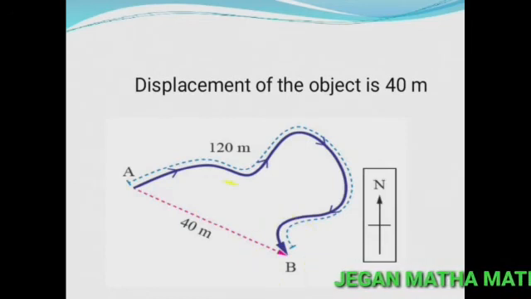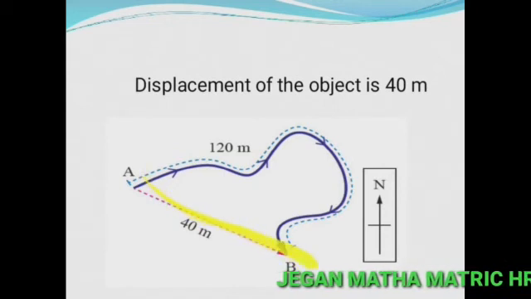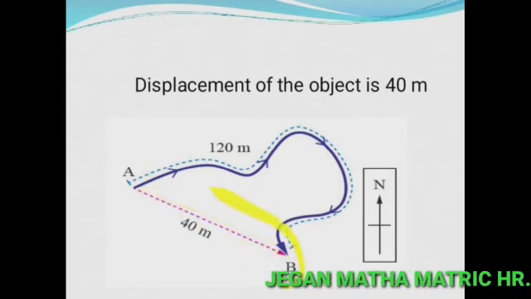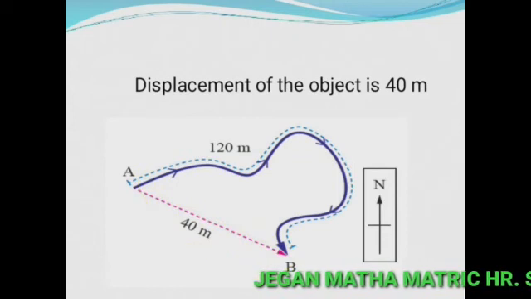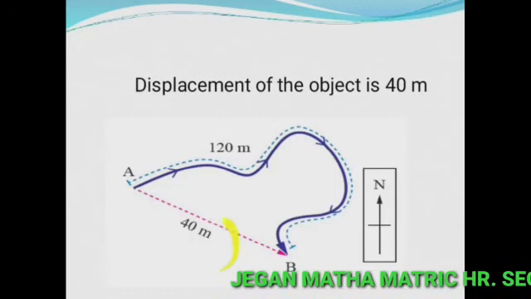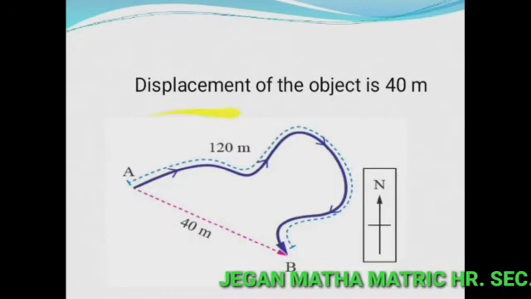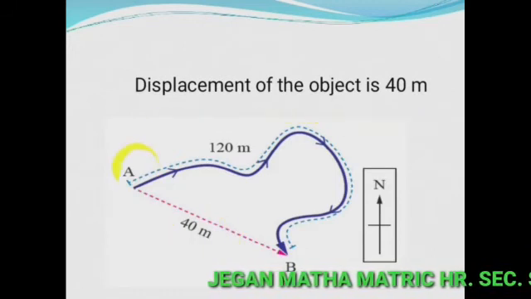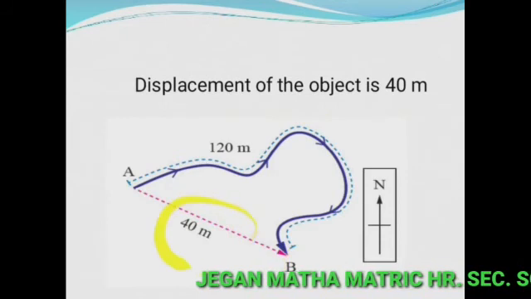Total distance travelled by the object is 120 meter. The displacement of the object is, so here this is the shortest distance. So this is the displacement for this example, so the shortest distance is 40 meter. So displacement of the object from A to B is 40 meter.